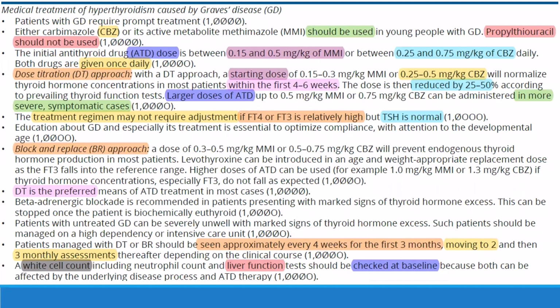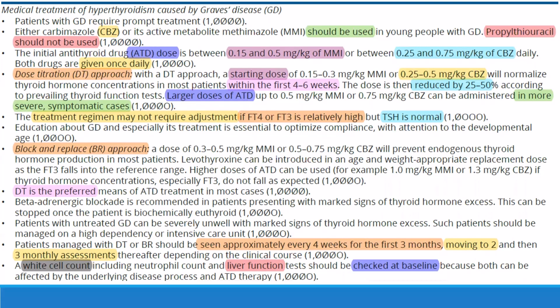But I will focus on carbimazole because it is available in most of our countries. The dosage of carbimazole for pediatrics is 0.25 to 0.75 milligram per kilogram daily dose. And as I mentioned, methimazole and carbimazole have a prolonged half-life, so both drugs are given once daily.